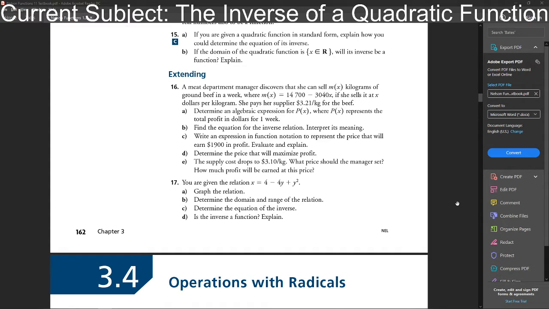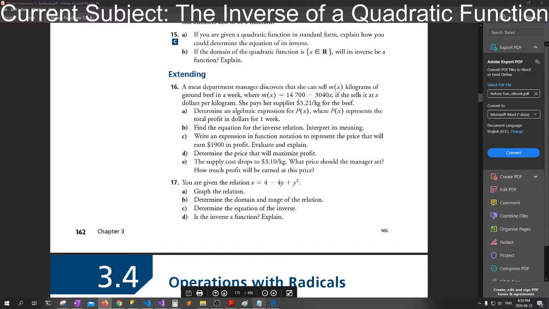Okay, I need to think about this one. Okay, so we know this is how much she is selling in 1 week. She sells it at x dollars per kilogram. She pays her suppliers $3.21 per kilogram for the beef.